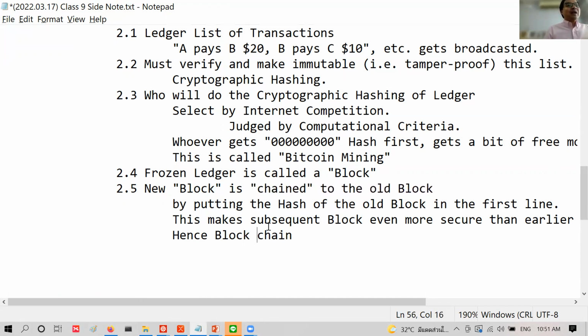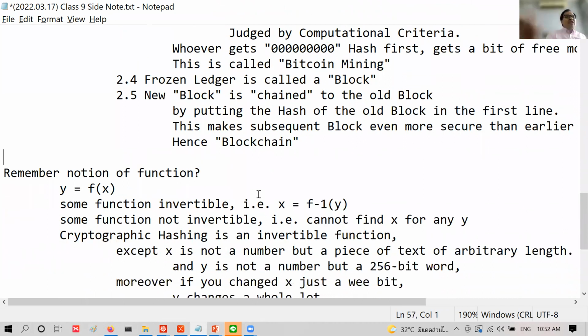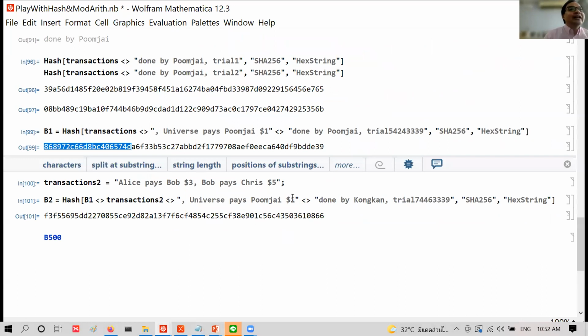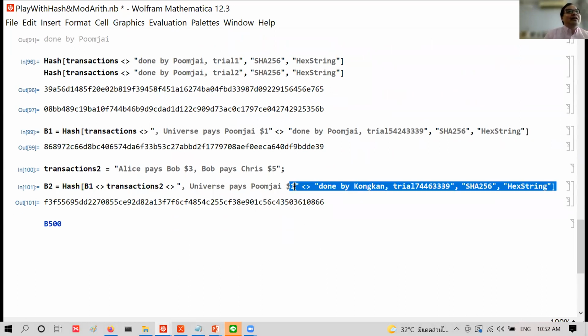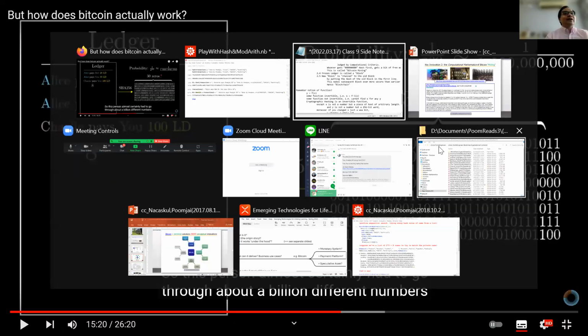Hence blockchain. That's it. Now, there are many details involved in all of this. In other words, Satoshi Nakamoto said that in the beginning, it's easy to get $1. As computers get more intelligent and more powerful, it's not enough to get 6.0.